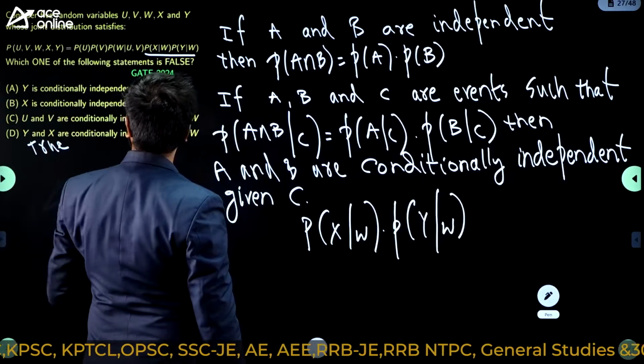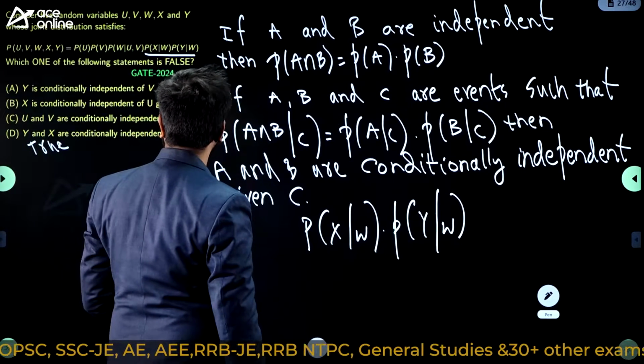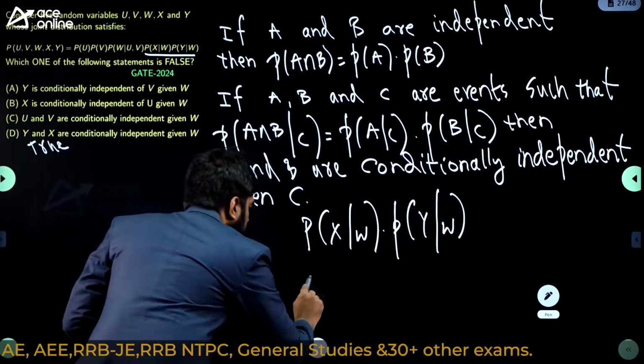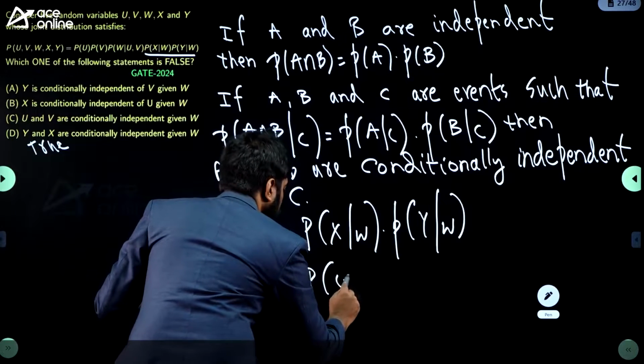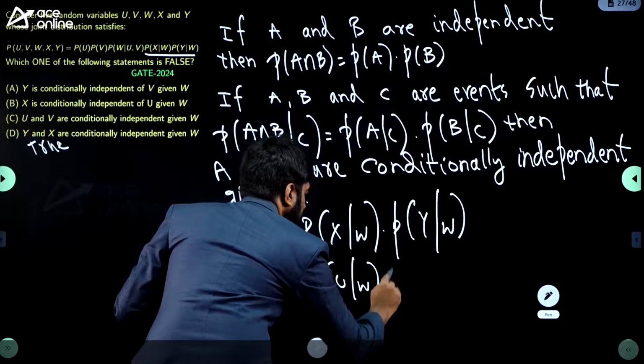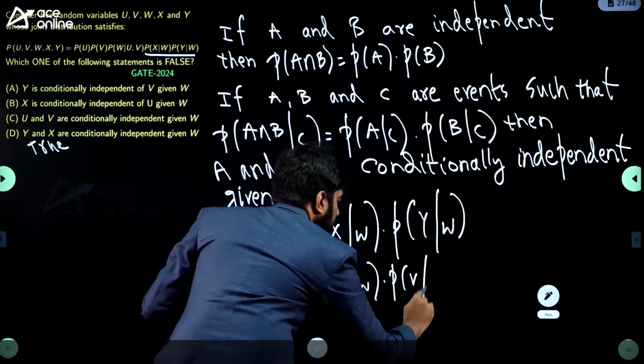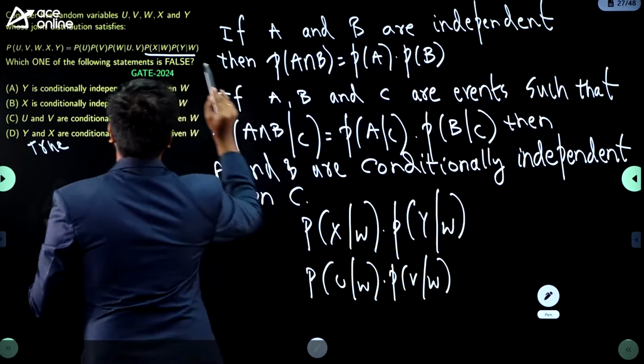What about U and V are conditionally independent given W? So, what you need to check is, do we have any terms like this, P of U given W into the probability of V given W, in our given equation?